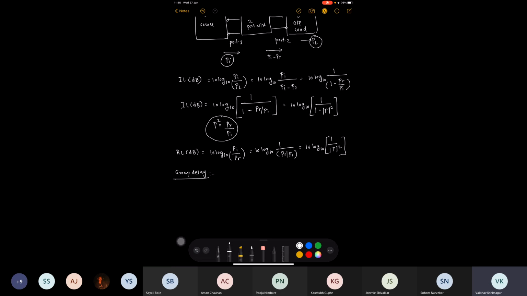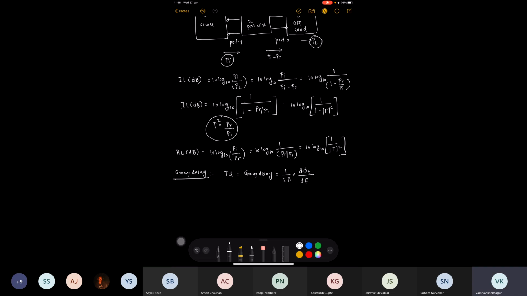Group delay of the filter is given by the equation TD, where TD is nothing but the group delay. How is it calculated? It is 1 upon 2 pi multiplied by d phi of t divided by df.